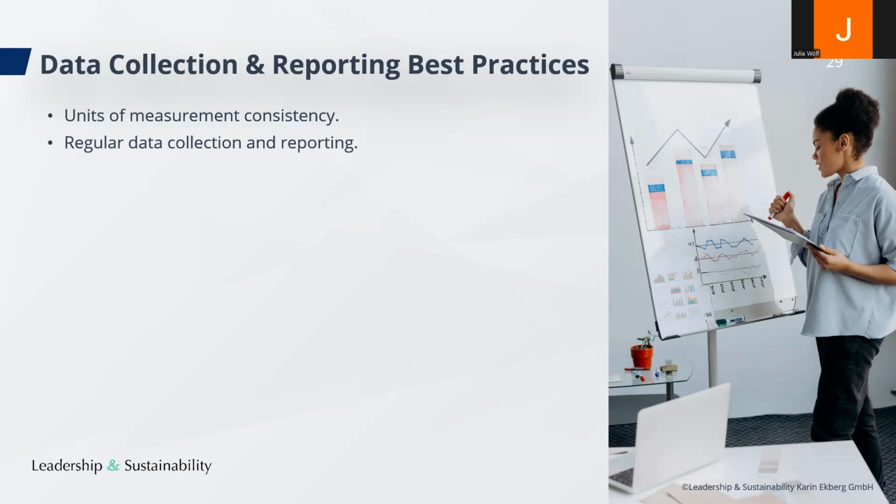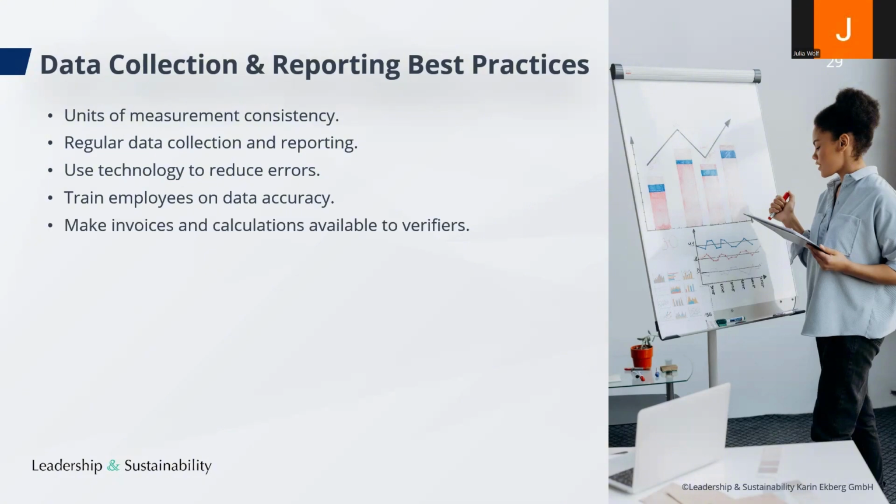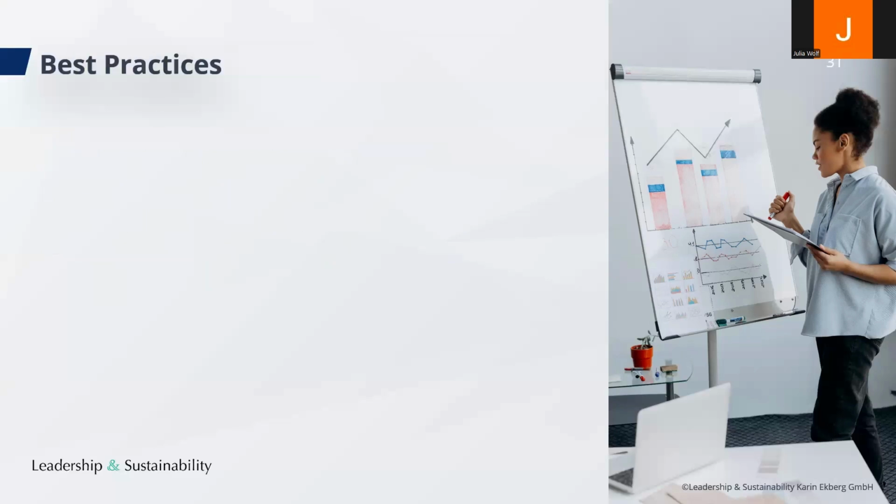Have your regular data collection reporting. I already mentioned that I think at least the monthly data collection and reporting is a really good approach to create good habits. Use technology wherever possible to reduce errors, and also train your employees on data accuracy. Make invoices and calculations available to verifiers. We talked about that already as well. And as I said, if you don't have a software tool, use an Excel table and keep everything in that table year by year.